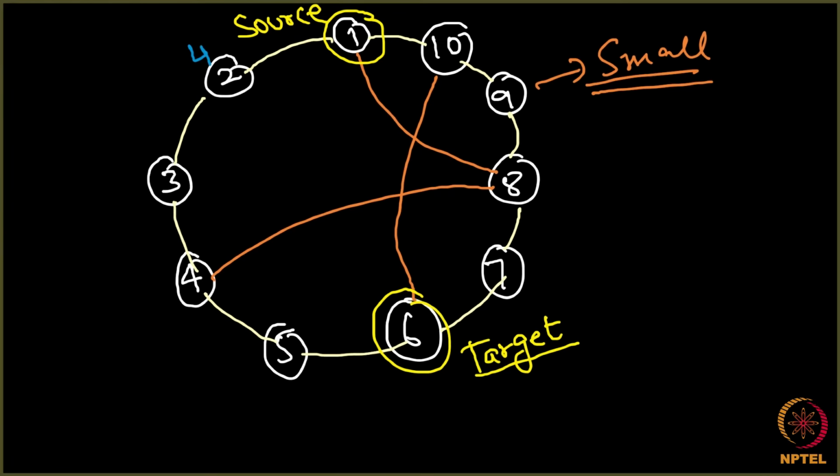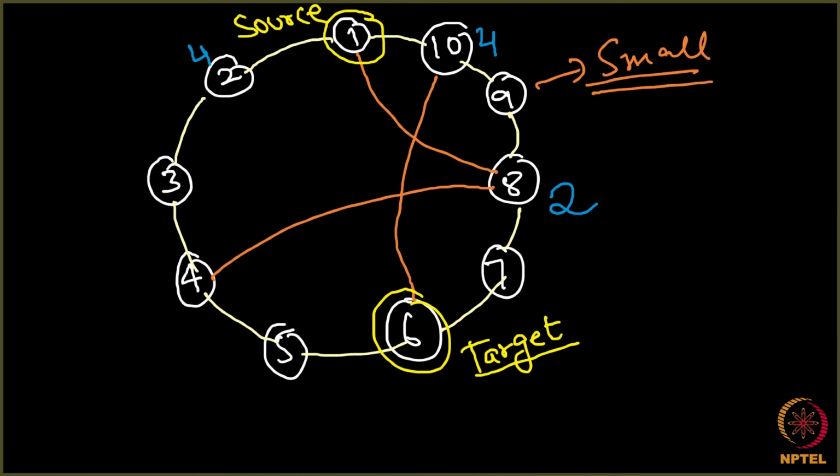Then node 1 looks at node 10. Since he doesn't know the long range contacts of node 10, he will calculate the distance of node 10 to be 1, 2, 3, 4. So the distance of node 10 from the target is 4. And node 1 also knows node 8, whose distance from the target is 2.